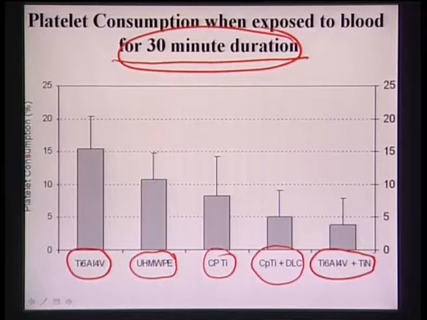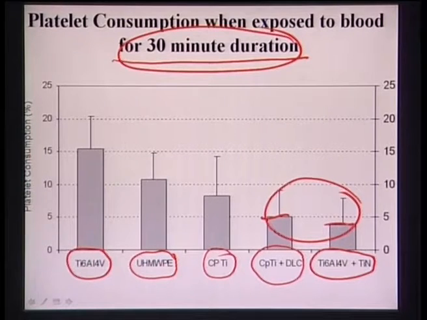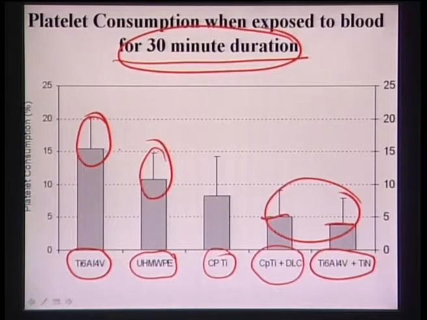So you have this diamond like carbon coating and this titanium nitride coating, and as you can see here, the mean value is much less than for titanium 6 aluminum 4 vanadium, or even the ultra high molecular weight polyethylene.